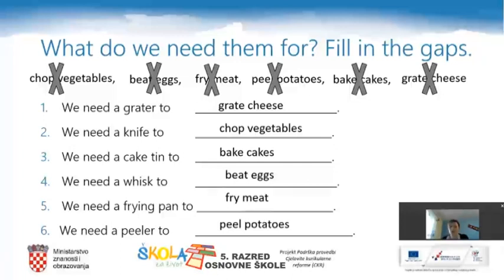Number 3, we need a cake tin to bake cakes. Number 4, we need a whisk to beat eggs. Or number 5, we need a frying pan to fry meat or sausages, for example. And the last one, we need a peeler to peel potatoes or cucumbers or apples, maybe.